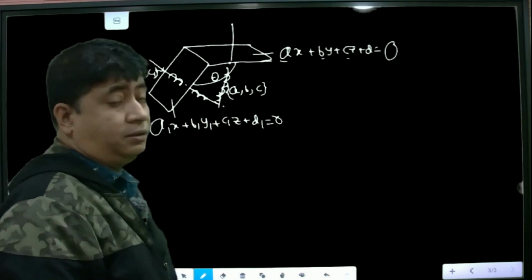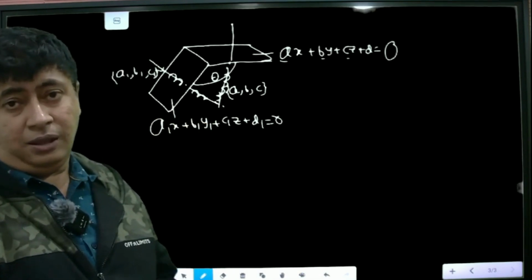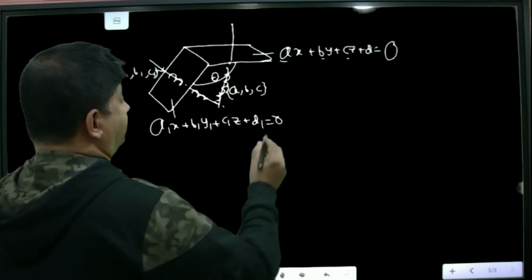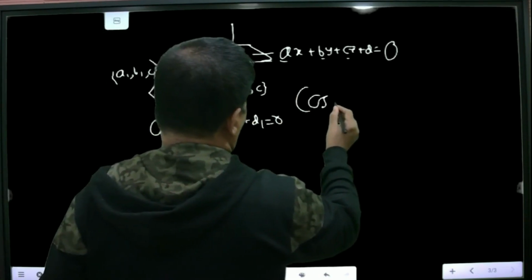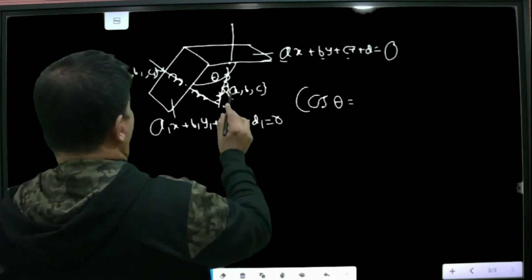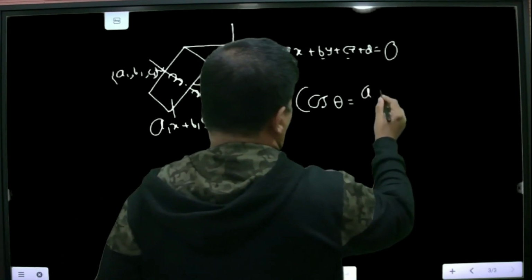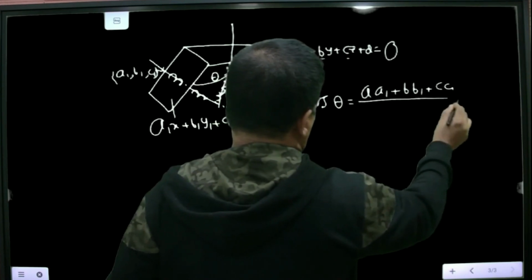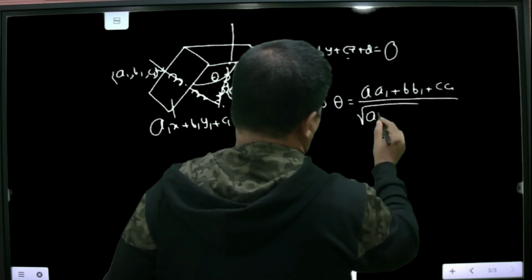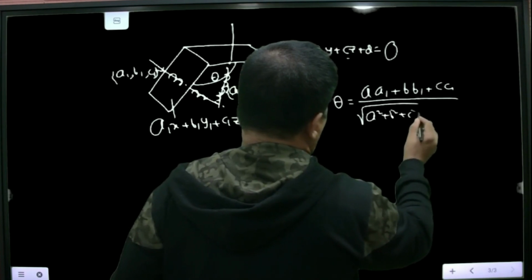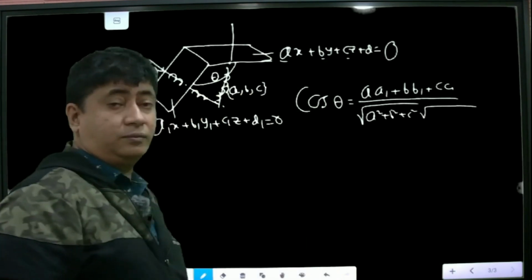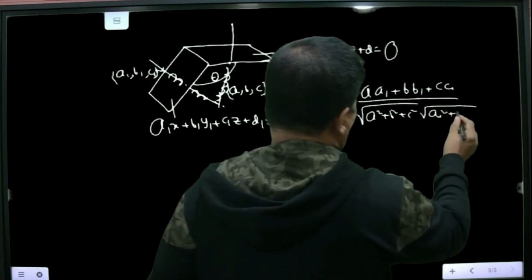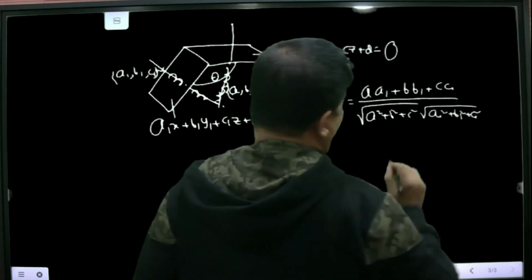So you have to find the angle between those, and that concept you already got in vector. What is that? Cos theta is equal to a a1 plus b b1 plus c c1 by root over a square plus b square plus c square into root over a1 square plus b1 square plus c1 square.